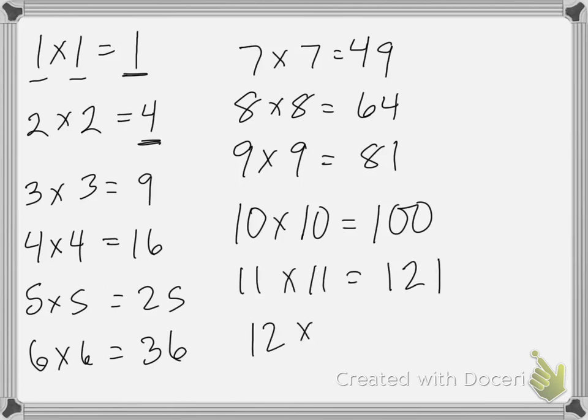And 12 times 12 is 144. All of these numbers, all of the answers here, are perfect squares.